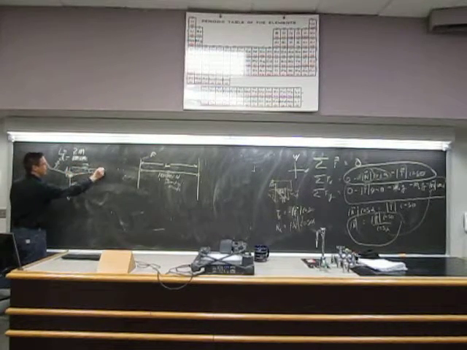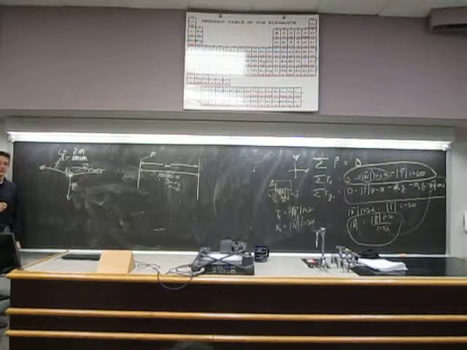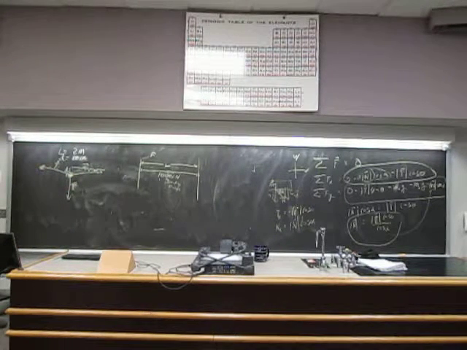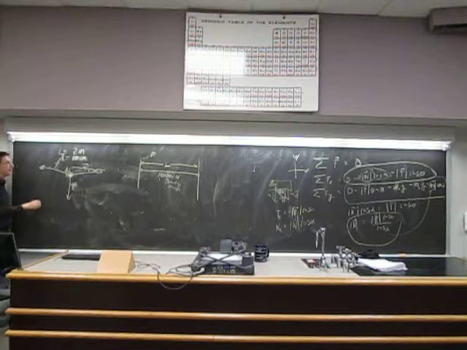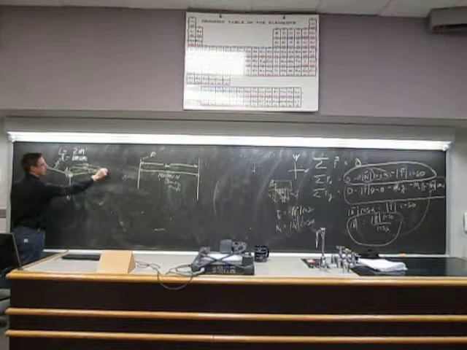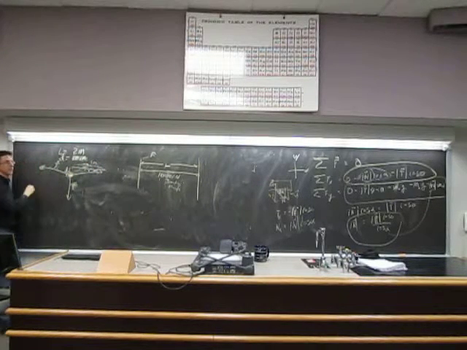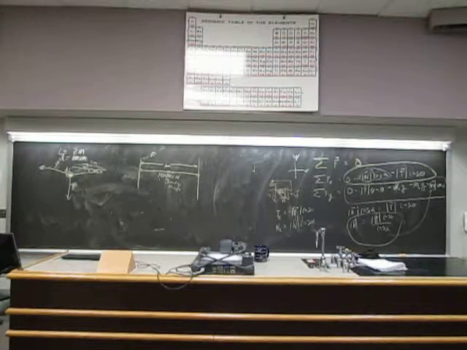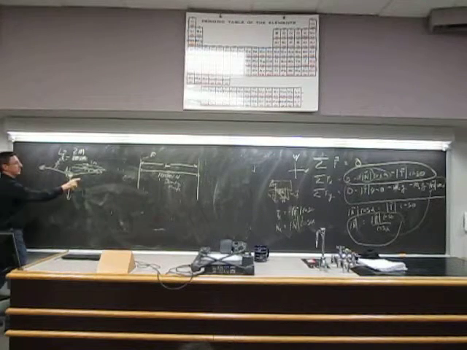First of all, I can figure out this angle here, can't I? When I pull on it, this is 1 meter, this is 10 centimeters. So what would this angle be?